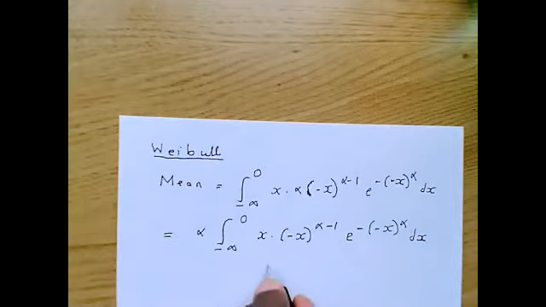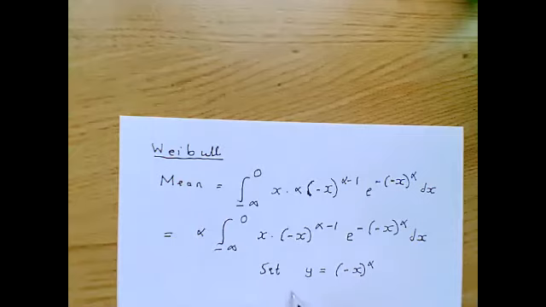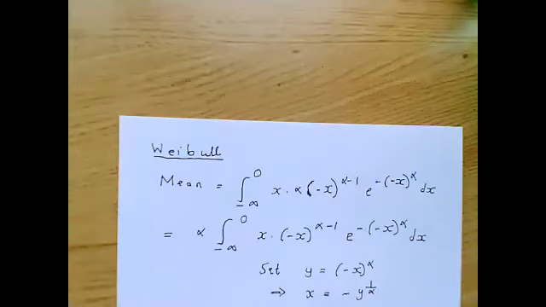Now I'm going to make a substitution: y equal to this. So this implies that x is equal to minus y to the power of this.